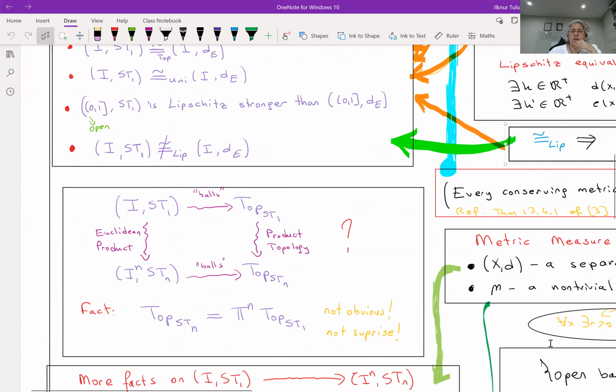Before moving on, I need to have another proposition about the consistency, basically. So we have a unit interval, an ST metric defined on the unit interval, and then we can move on to the n-dimensional unit cube by taking the Euclidean product.